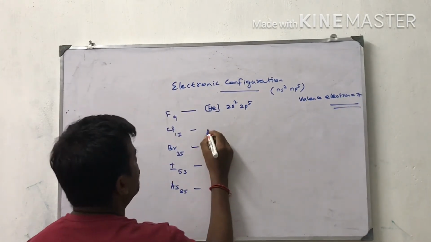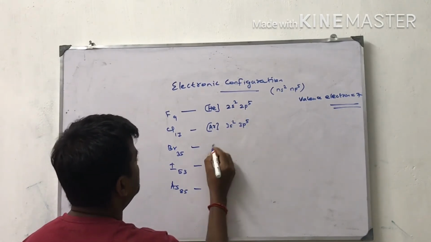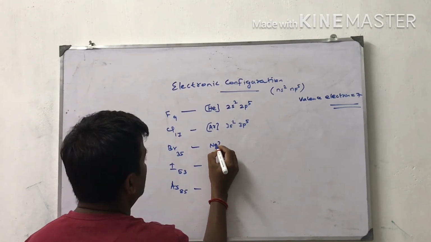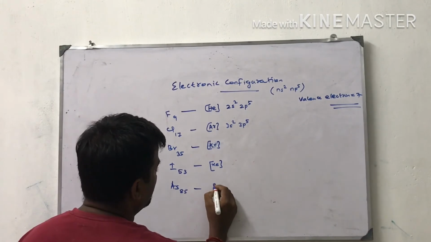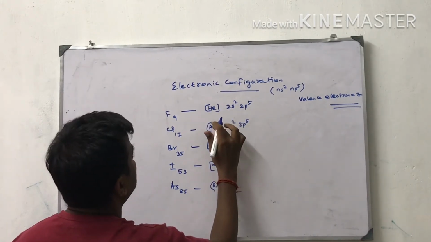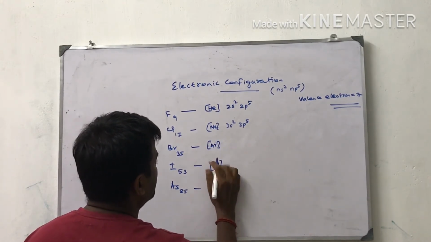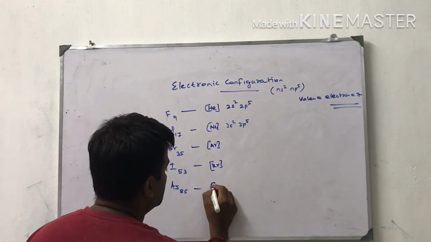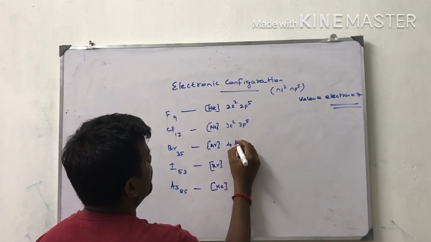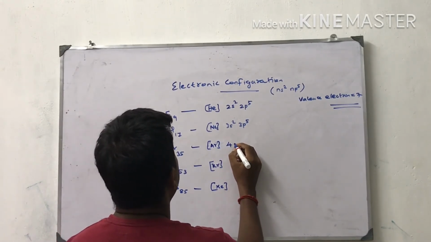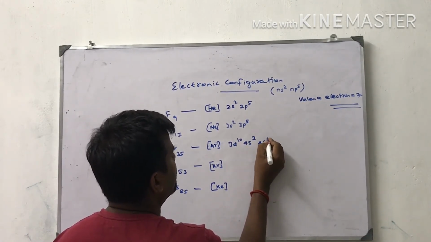Chlorine is neon 3s2 3p5. Bromine is argon 3d10 4s2 4p5.